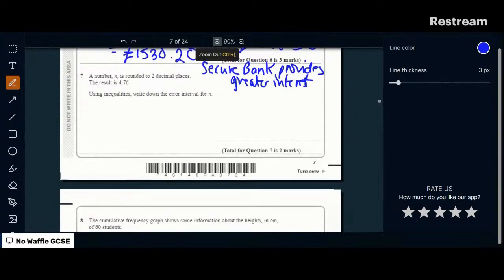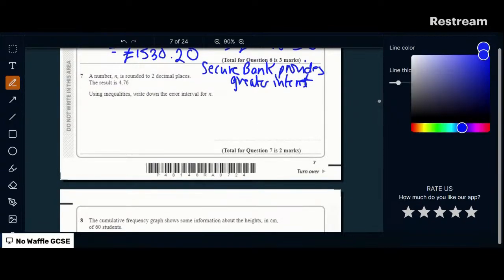Okay, moving on to the next one. A number n is rounded to 2 decimal places. The result is 4.76. Using inequalities, write down the error interval for n. So since it's rounded to 2 decimal places, we need to consider what the possible values could be.